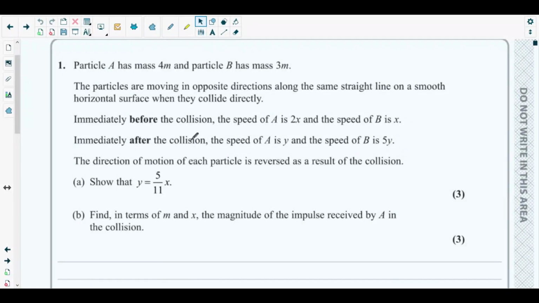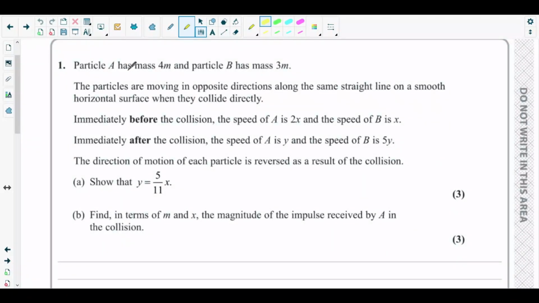It's from momentum and impulse that has been discussed in chapter number 6 of your mechanics 1 textbook. So in order to be able to solve this question, definitely you should have idea and concepts about chapter number 6, which is momentum and impulse. So let's get started with question number 1.